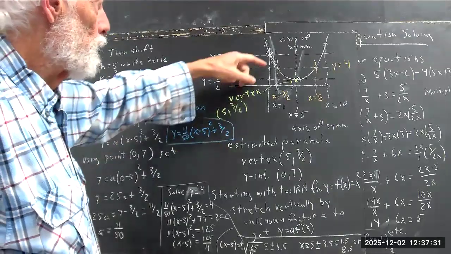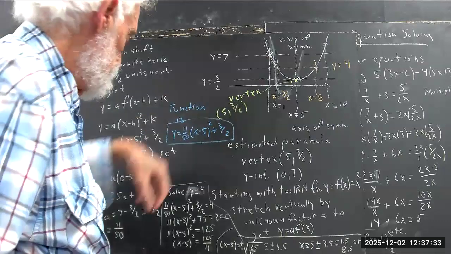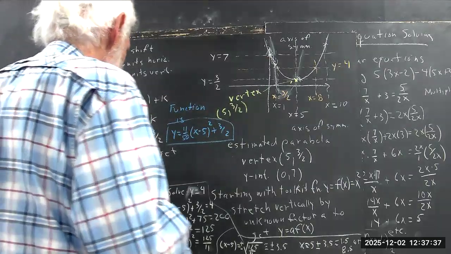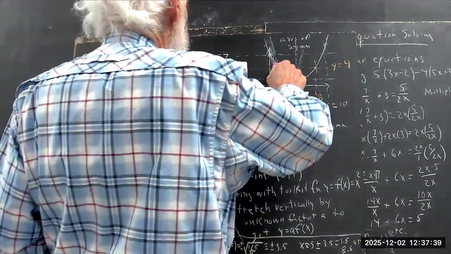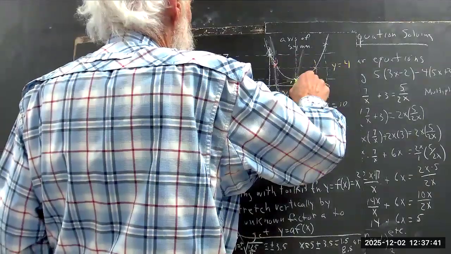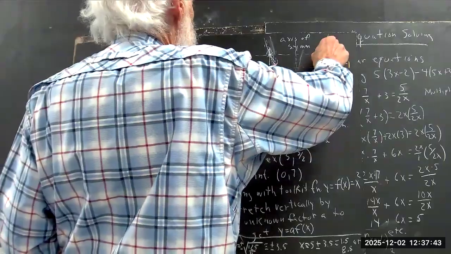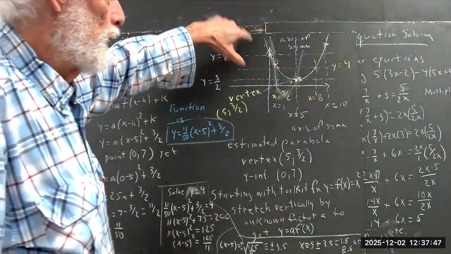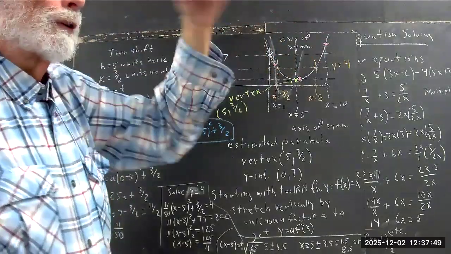We started with 3 points. A point here, point here, and a point here. And I drew a parabola through those 3 points.